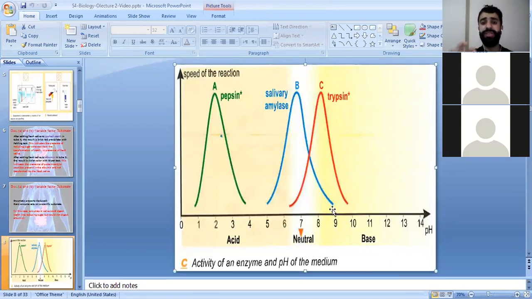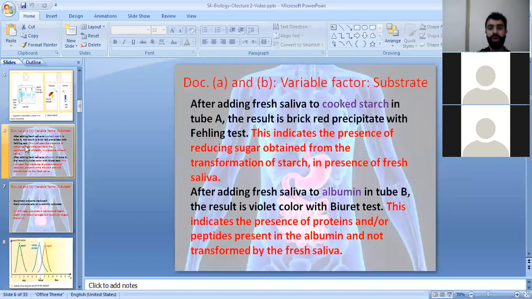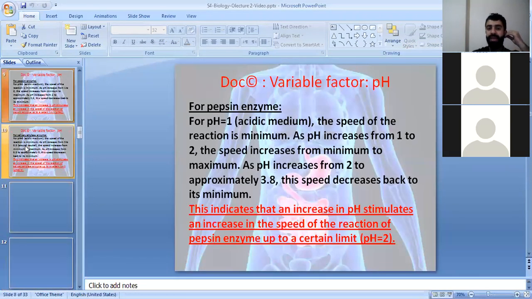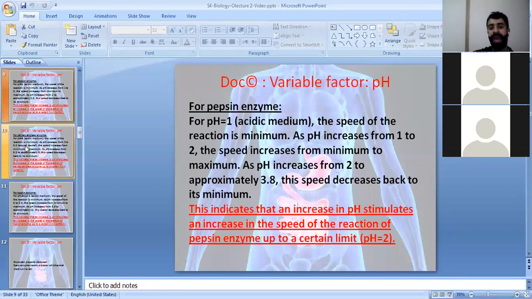So here we can deduce that every enzyme needs a proper, specific pH medium in order to work. Pepsin needs an acidic medium, salivary amylase needs a neutral one, trypsin needs a basic one. For the pepsin enzyme, when pH equals 1, the speed of the reaction was minimum.